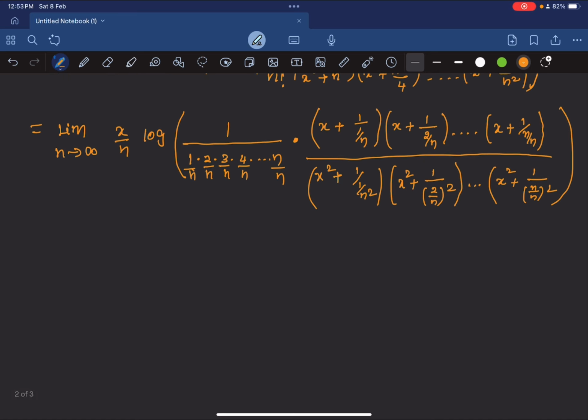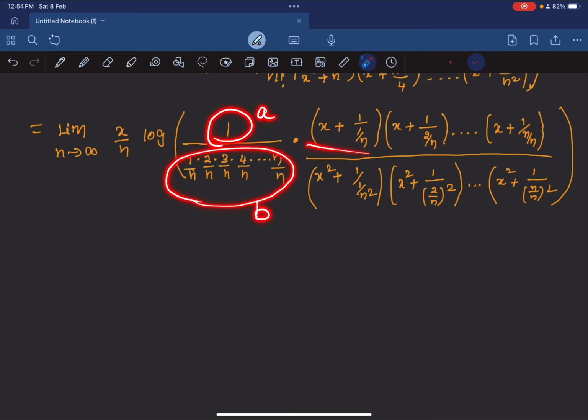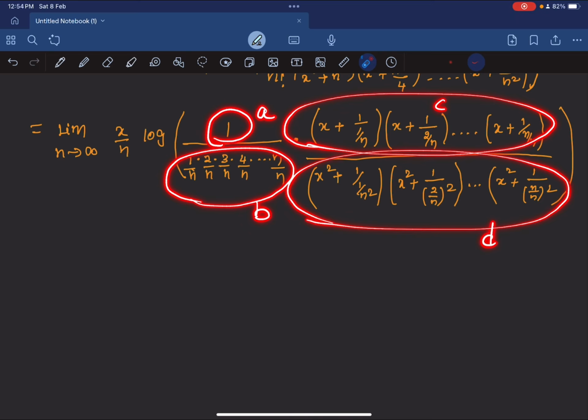Now let us consider this as A, this as B, this as C and this as D. Alright.